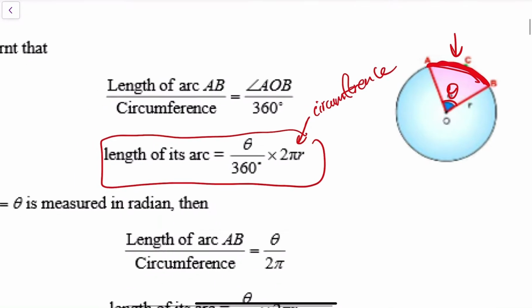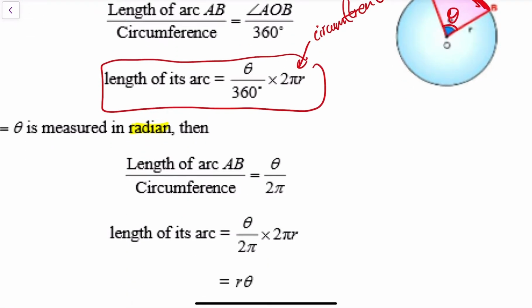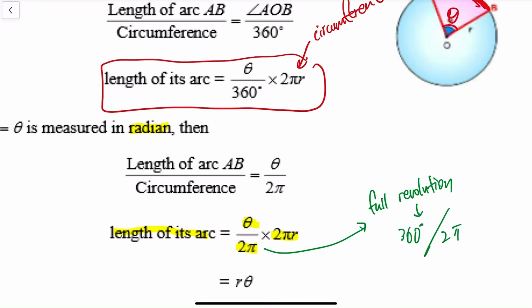Okay. Now we are going to look at the calculation in radian form. In radian form, we can also calculate it using 2 pi r, but it's no longer over 360. Length of arc is now theta over 2 pi times 2 pi r. The reason is that a full revolution, one full circle, is either 360 degree or 2 pi.